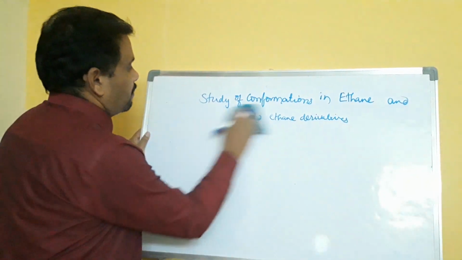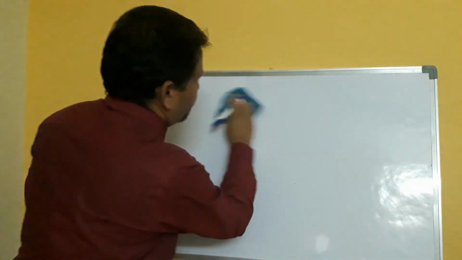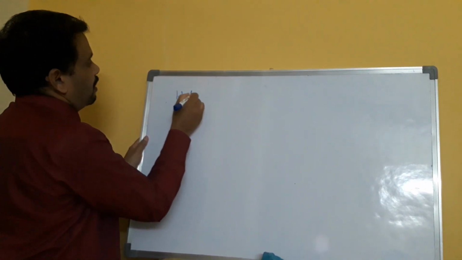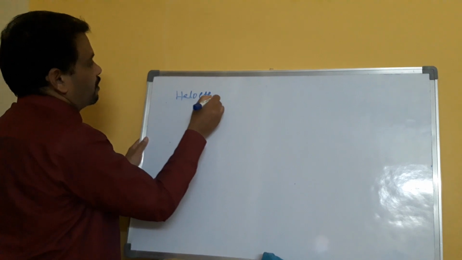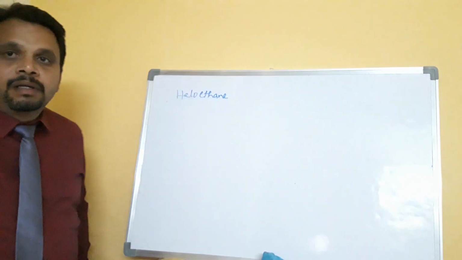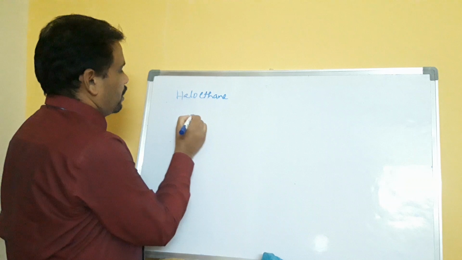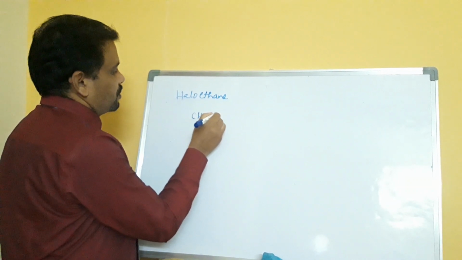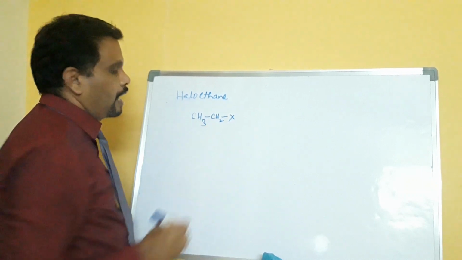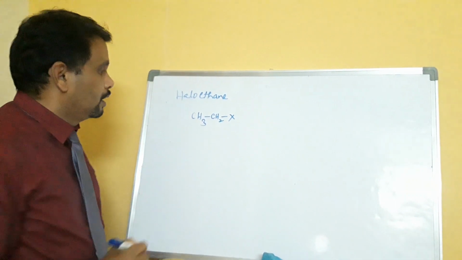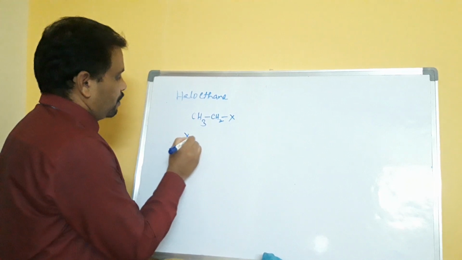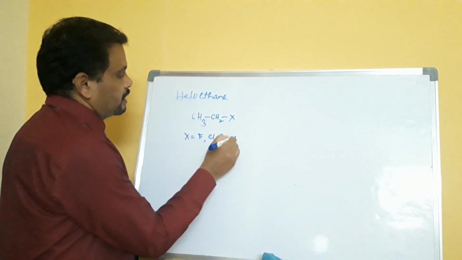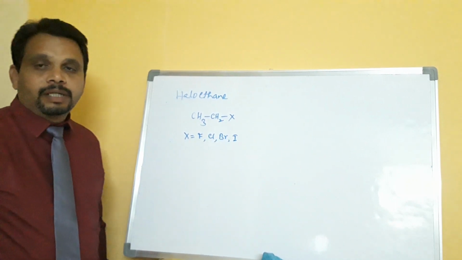First I'll take the example of haloethane. Its chemical structure is like this, where X may be fluorine, chlorine, bromine, or iodine.